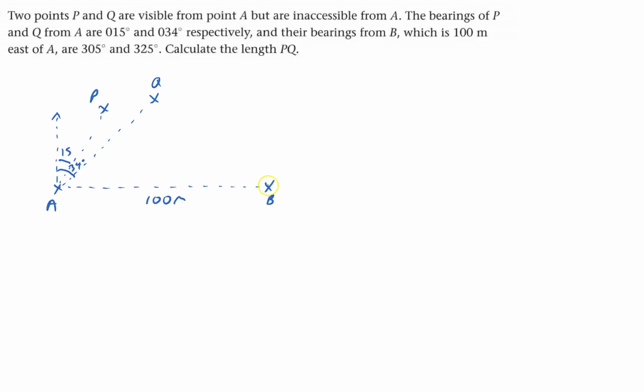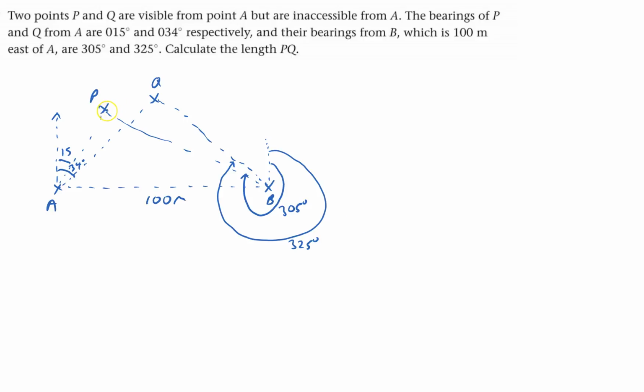And we've got P, I need a north line, so we've got a bearing. P is 305 degrees, and Q is all the way around there. Q is 325 degrees, and I've got to calculate PQ, that distance there.